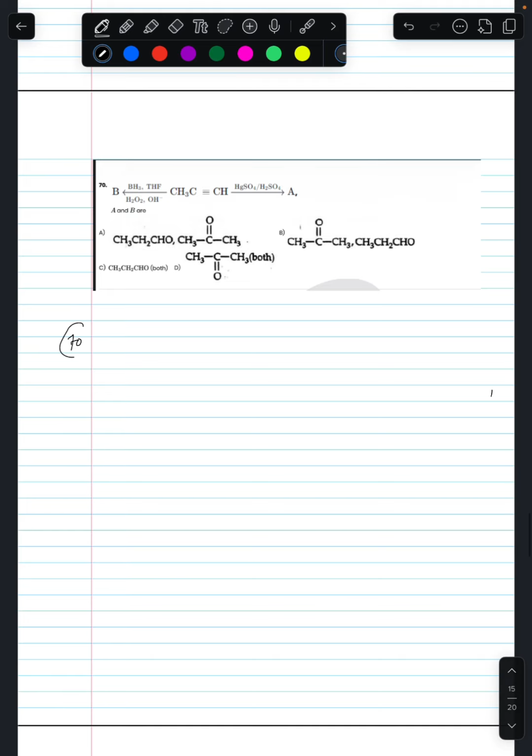Next is question number 70. Given is CH3 C triple bond CH. It first reacts with BH3 THF, tetrahydrofuran. In the first step, boron attaches to the less hindered side, because BH2 is bulky and hydrogen is small. So we obtain CH3 CH double bond CH BH2.